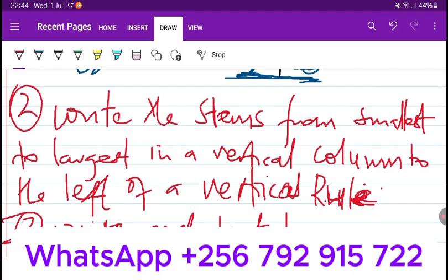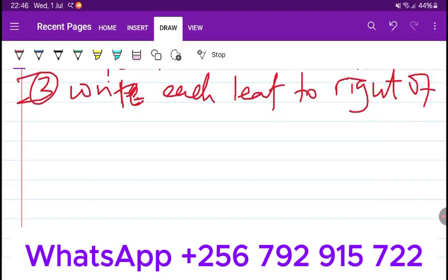The other one was on the left, then this one is going to be on the right. On the right of the vertical rule.